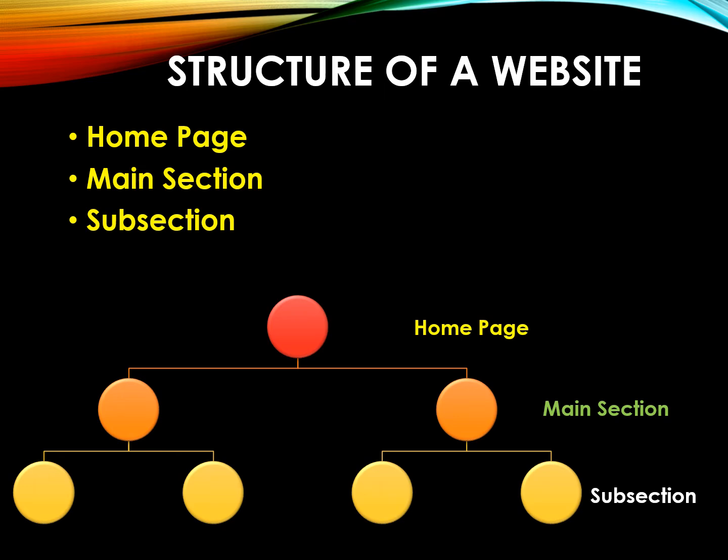Then under a main section, for example branches, we have the different branches described in the subsection. So if you take the structure of a website, the main three parts are: home page, main section, subsection. Those are the three parts.